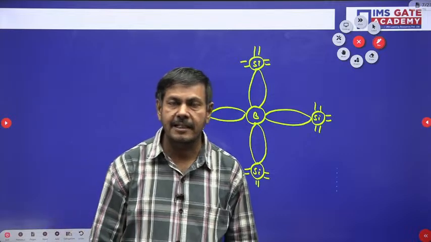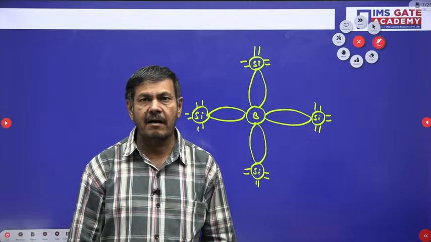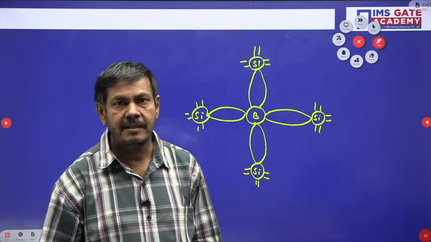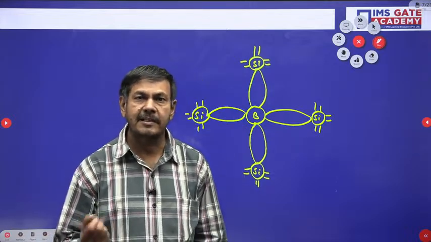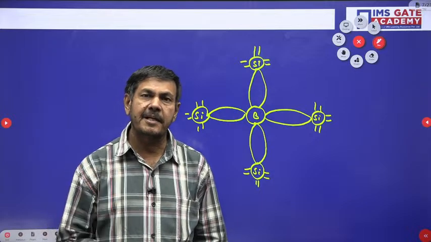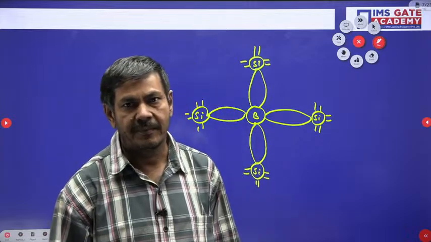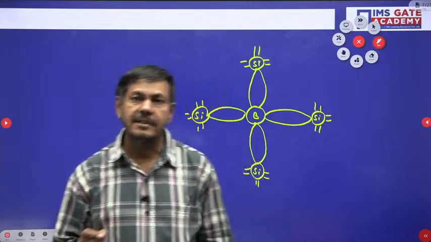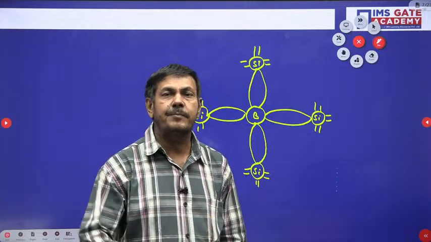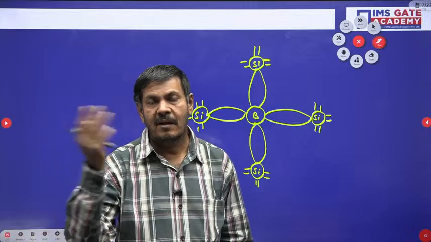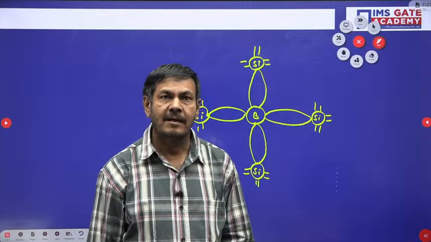I said with a less concentration of trivalent atom, the conductivity increases. If the impurity addition is made more, does the conductivity increase or decrease? 100% the conductivity is going to decrease. Why is conductivity decreasing when more impurity is added? How is it possible?